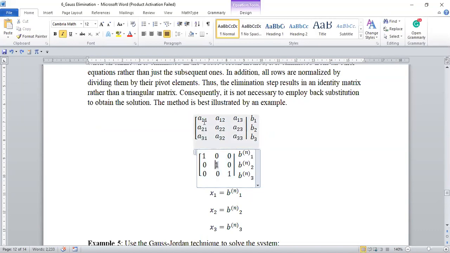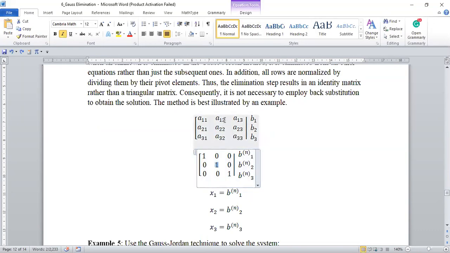The first step is that you want to turn this A11 into 1. Then after that, you zero out this, and you zero out this. Here's 0, and here's 0. Then the next step is to make this one become 1.